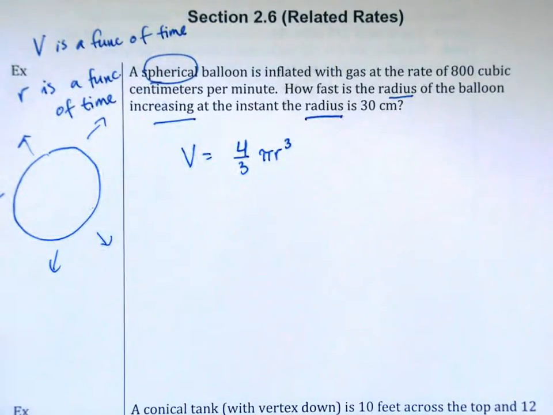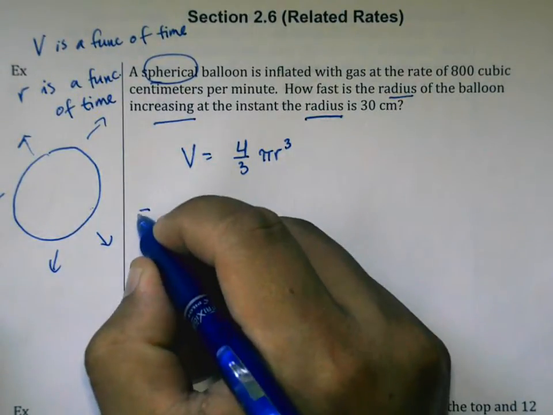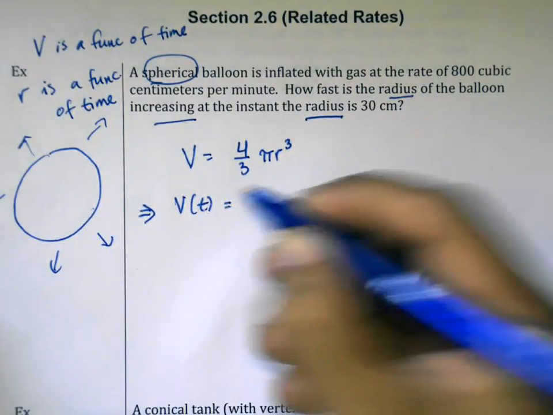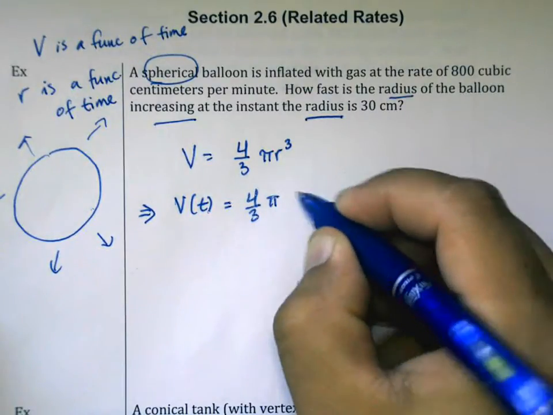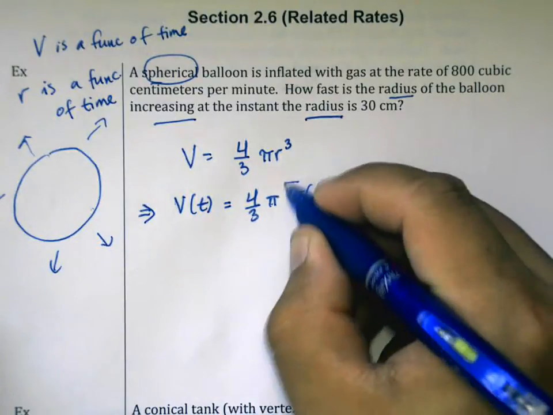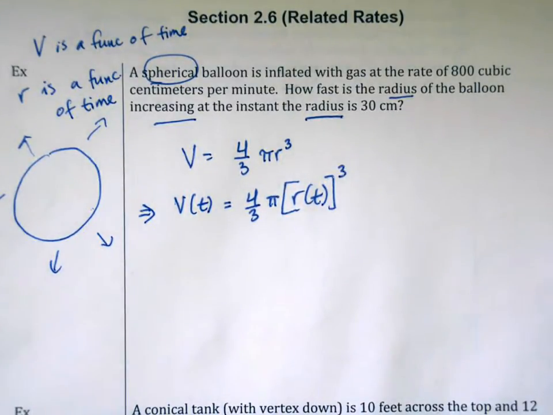Okay. So with this fact, we can take the derivative of both sides. So we can really think of this as V of t, some function that describes the volume of the balloon, is equal to 4/3 pi r of t, some other function that describes the radius of the balloon, raised to the third power. So that's the main concept behind all of this.